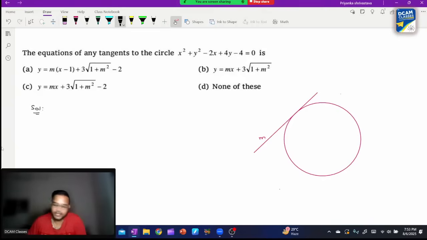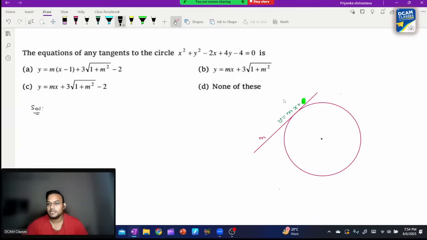See, one idea I can share with you. Any equation of tangent you can assume as y is equal to mx plus c, because y is equal to mx plus c represents the basic equation of a line. Now, you have to find out only this c.